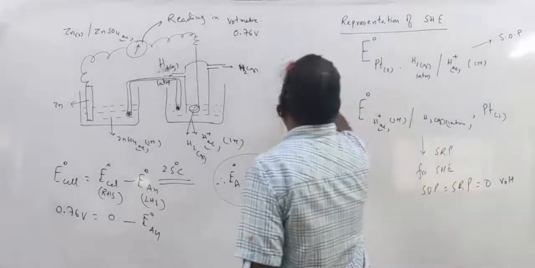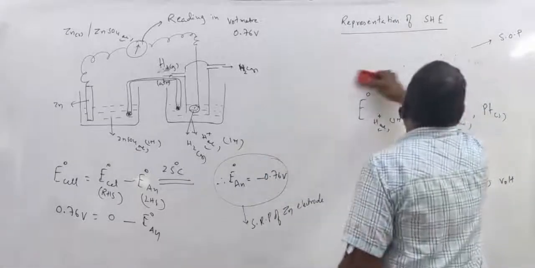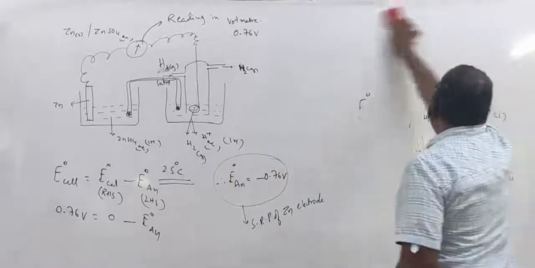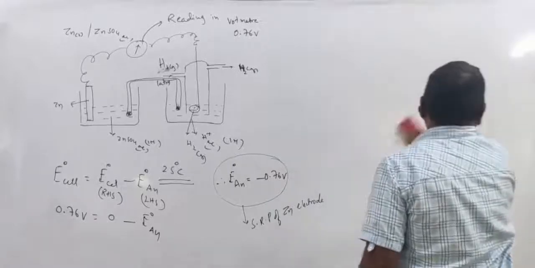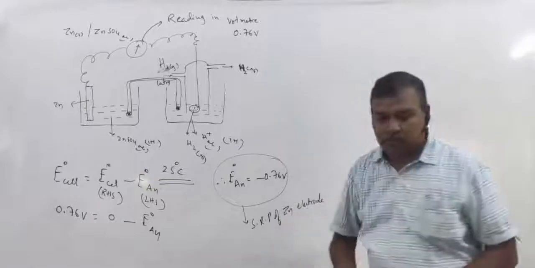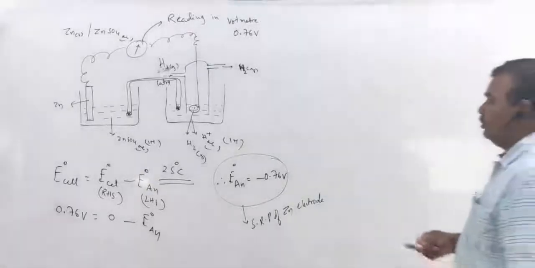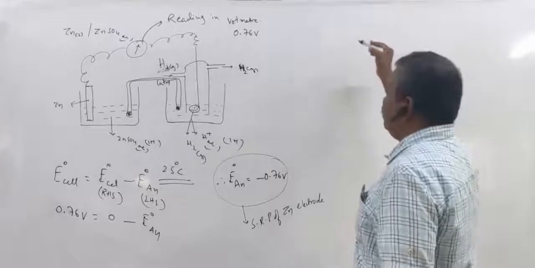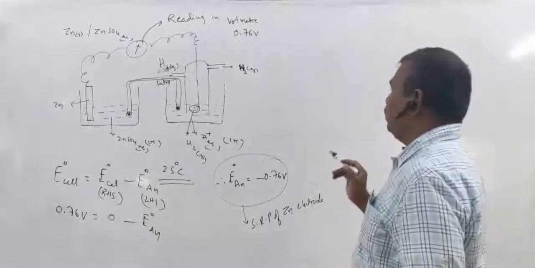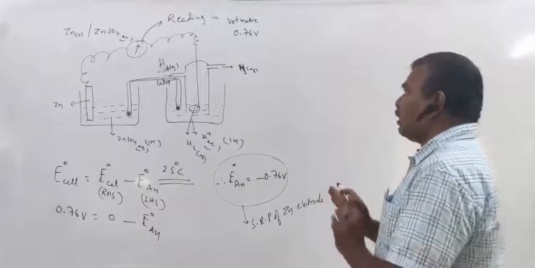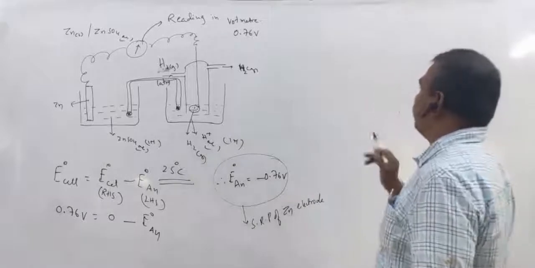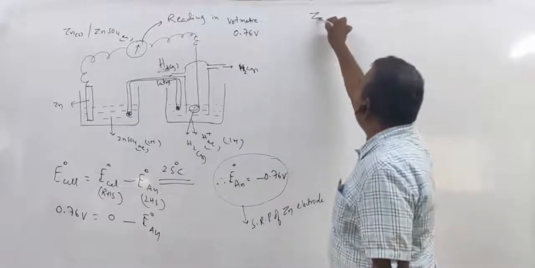Now see the cell. How will you represent the cell? The left hand side is the anode. Whenever the zinc electrode is connected to the hydrogen electrode, zinc loses electrons.